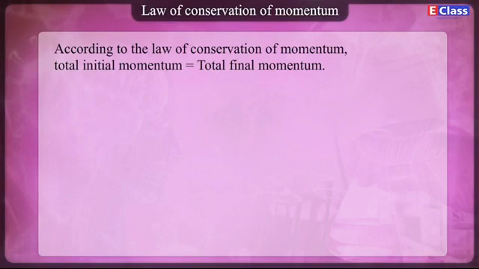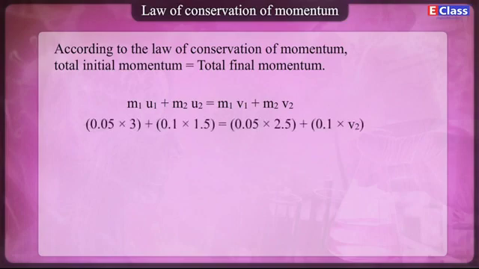According to the law of conservation of momentum, total initial momentum is equal to total final momentum. m1 u1 plus m2 u2 is equal to m1 v1 plus m2 v2. 0.05 multiplied by 3 plus 0.1 multiplied by 1.5 is equal to 0.05 multiplied by 2.5 plus 0.1 multiplied by v2.